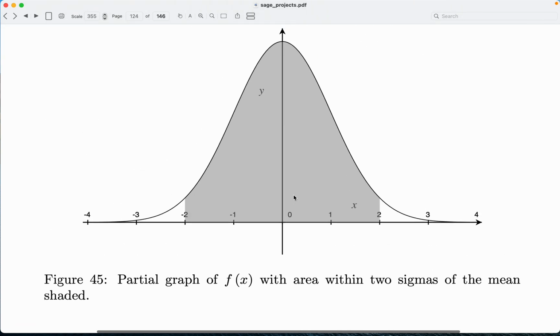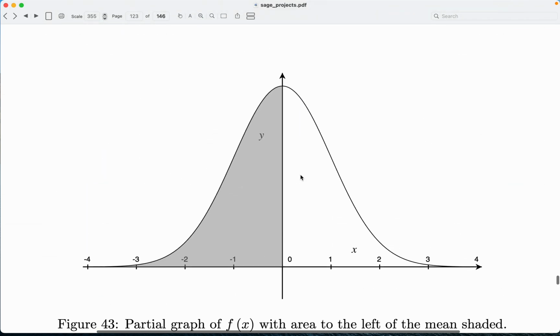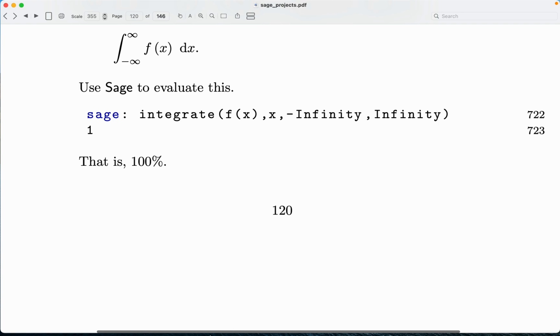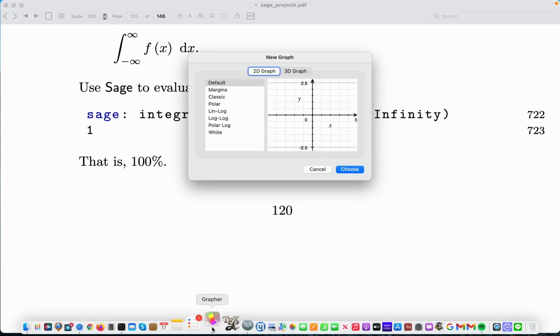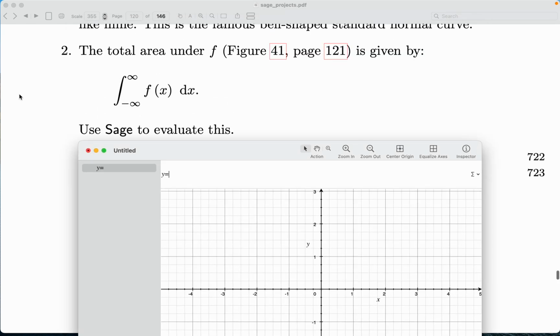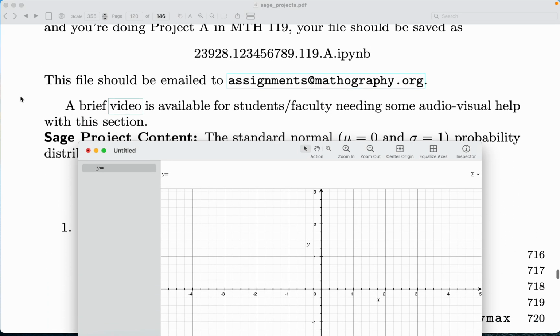If you're wondering where these graphs are coming from, I'm actually not using Sage to do these. I find it much easier to use Grapher. Let me go through that real quick. I'll go back to the original problem and open up Grapher. I'm going to get back to the original function.